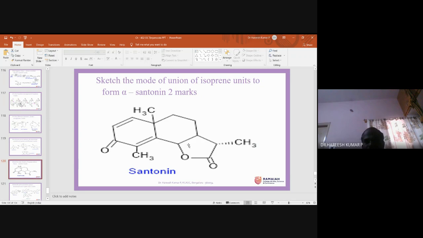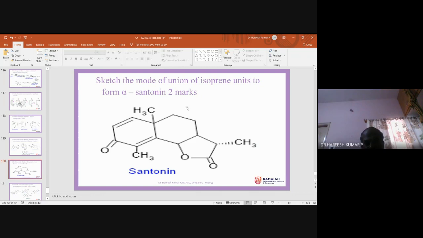If you want to talk about the head and tail fashion, this part is head, this part is tail. This part is head, this part is tail. And this part is head, this part is tail. So this is how you can identify. But you have to mark it.